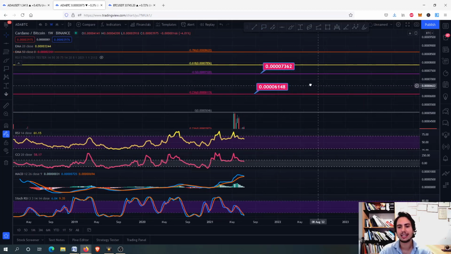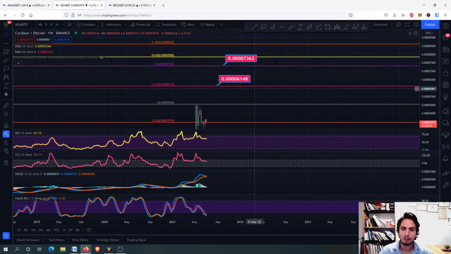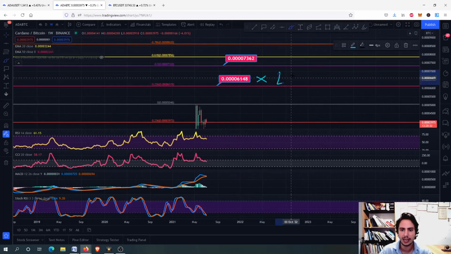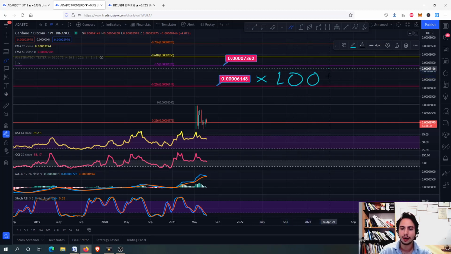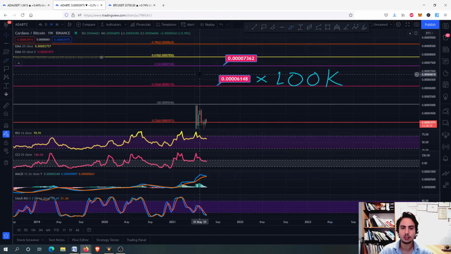What do these price labels mean? If by the time we go there, let's say for example, Bitcoin is 100k, all right? If you multiply this price label by 100k, you will get 6.1 Tether USD for Cardano. That's what the price means, guys. The price label in the ADA Bitcoin chart means that if you multiply this number by 100k, you will get 6.1.